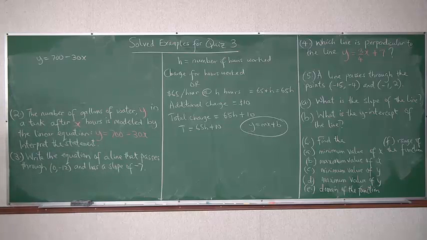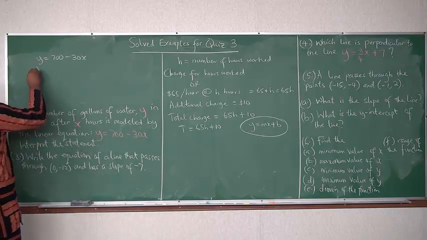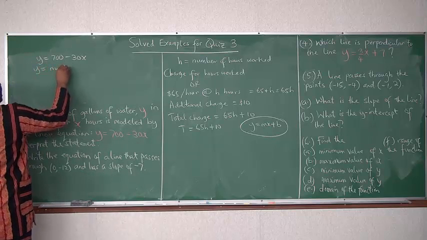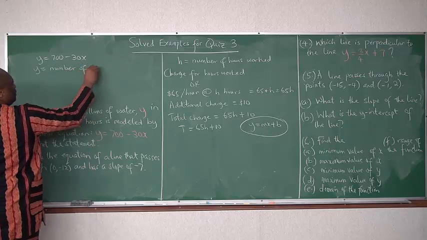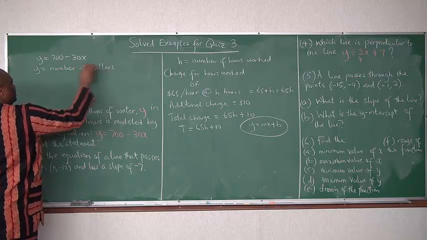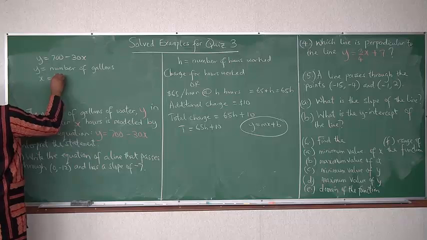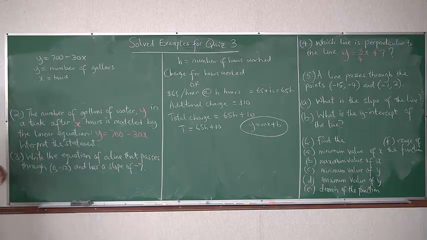Now Y is the number of gallons and X is the hours. It says interpret the statement. So what does it tell you?